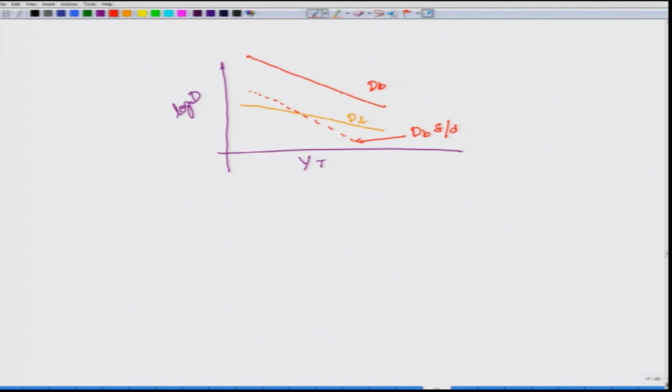The slopes are usually in this fashion, that it becomes more important at higher temperature, and lattice diffusion is important at lower temperature, and therefore, the effective diffusivity would be like this. So, this will be your D effective or D apparent.